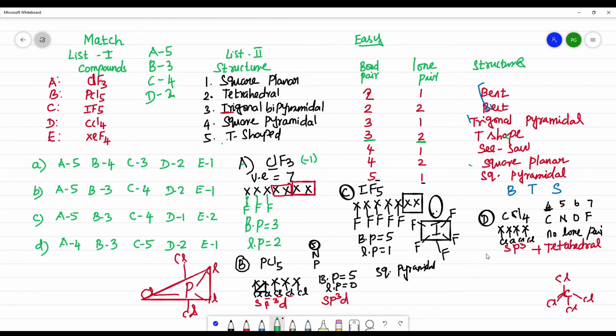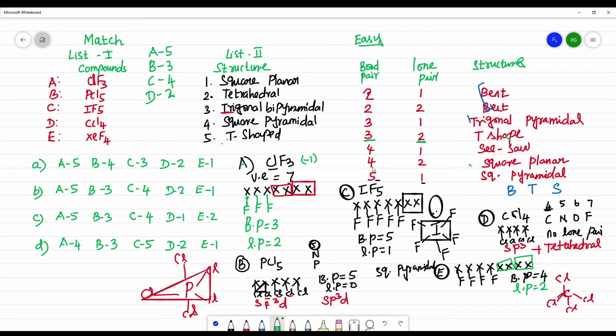Now the last one is E, XeF4. What is xenon? Xenon, we know the valence electron is 8. It is completely filled: 1, 2, 3, 4, 5, 6, 7, 8. It is bonded with 4 fluorine. So bond pair is 4. And how many lone pair of electrons? Here you have 1 and 2. So lone pair of electrons is 2.